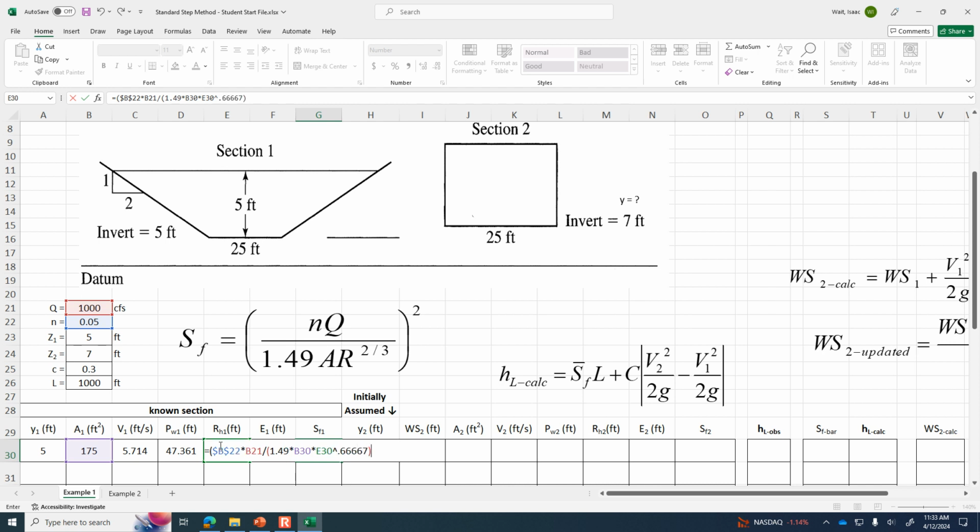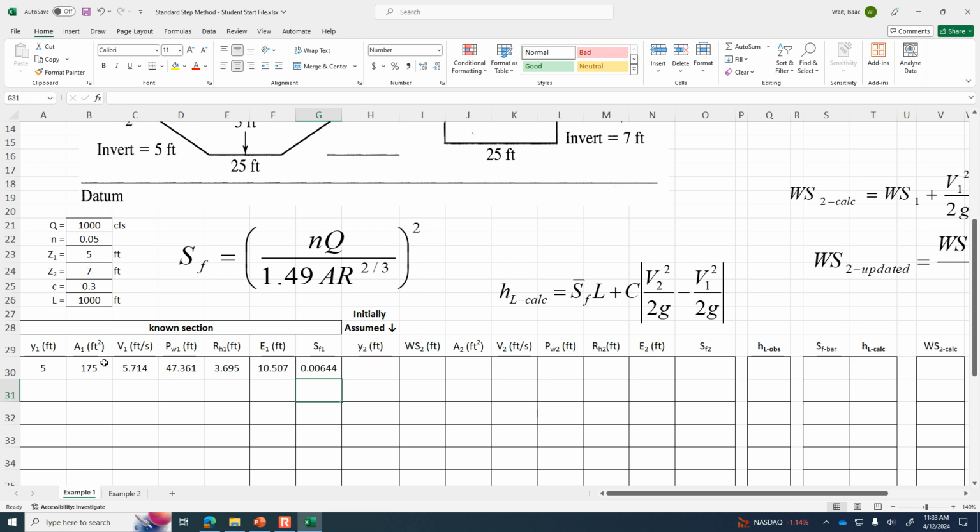And then close parentheses twice, and all of that is to the power of 2. So we close parentheses once to get out from underneath the denominator, and then the other time to finish the expression, and then we square all of it. So the slope of the energy grade line at the known section is 0.00644. Good.